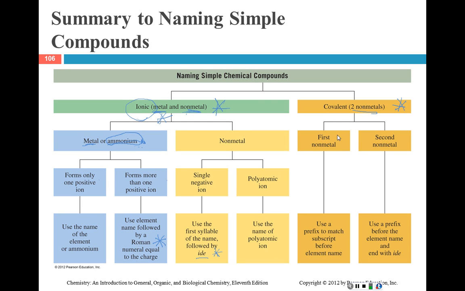In covalent compounds, you use the first nonmetal's name, but you do have to use subscripts, or if you're naming, you have to use the prefix that corresponds with that subscript, like di, tri, tetra, etc. The second nonmetal of that formula, like you did with the ionics, you'll use the first syllable followed by IDE.